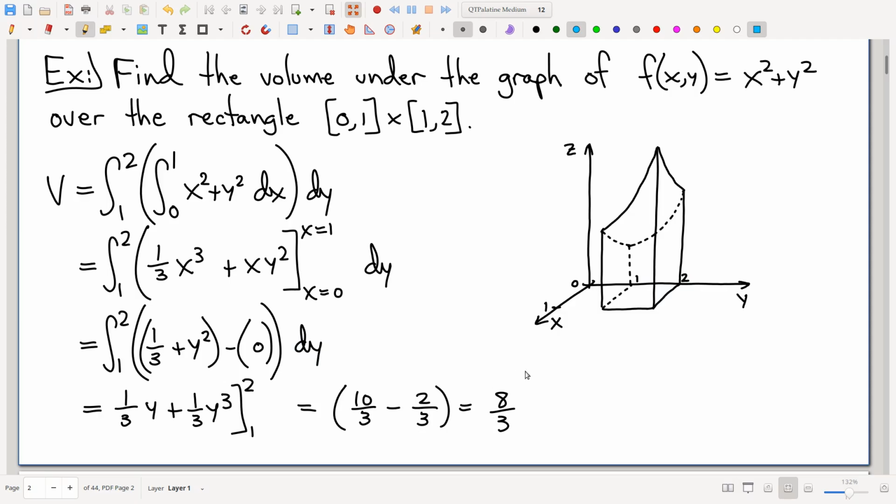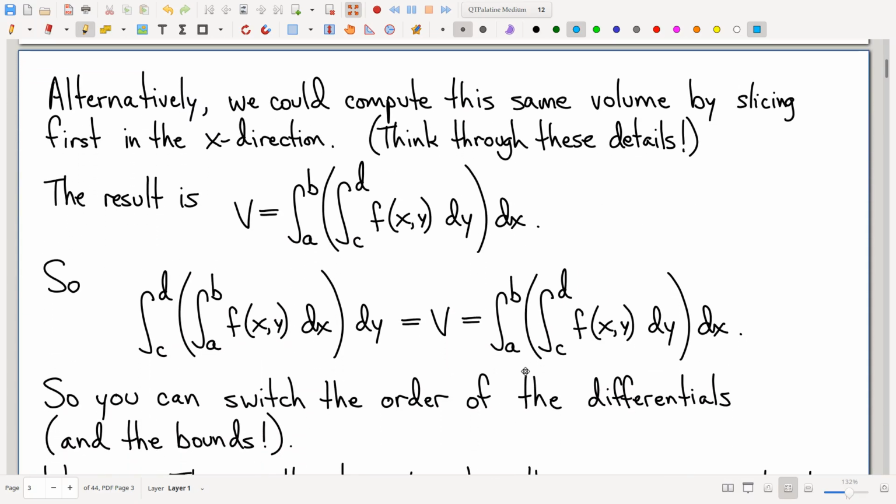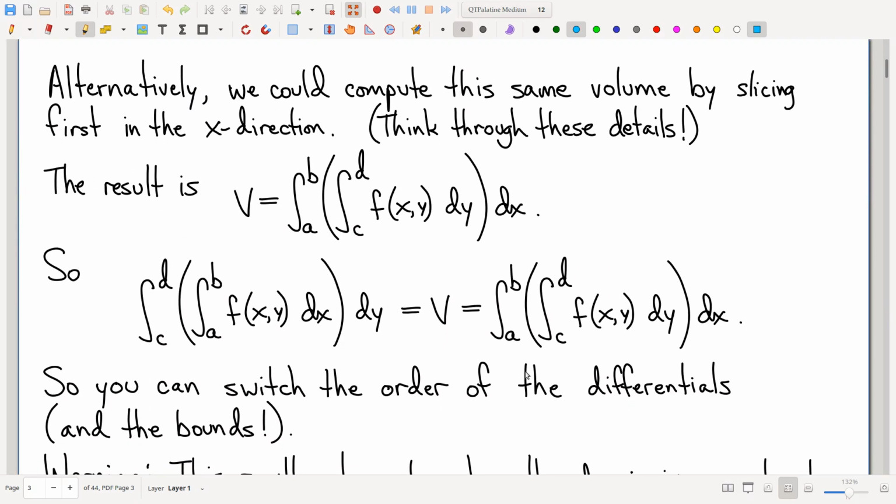Okay, so somebody asked earlier about can you do this in either order, and in some cases you can. All we've entertained right now is the idea of rectangular domains, and so yes, in fact, this that we just justified, computing the volume with an iterated integral with the dx on the inside and the dy on the outside, that happened because we did our y slicing.